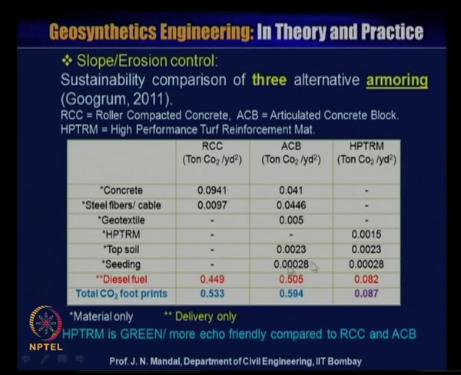So what we have observed here is that HPTRM, the high performance turf reinforcement mat, is green and more eco-friendly compared to the roller compacted concrete or the articulated concrete block.